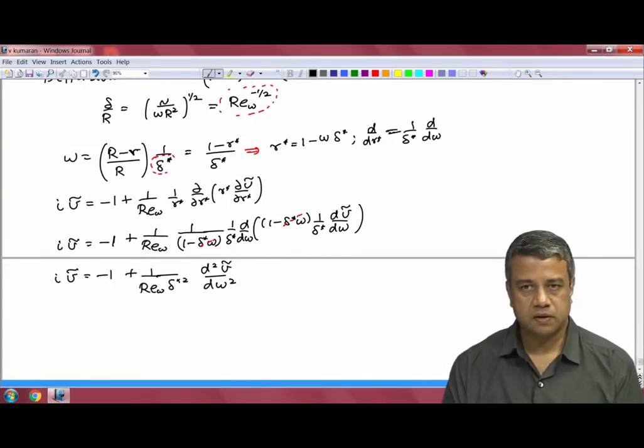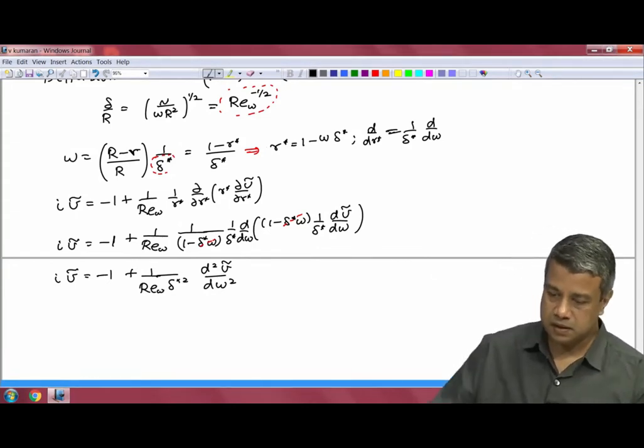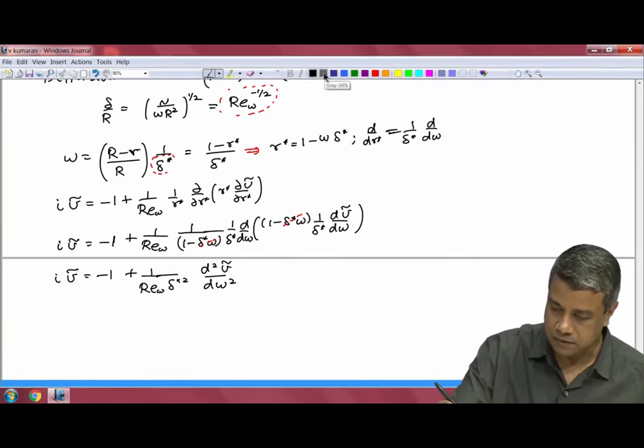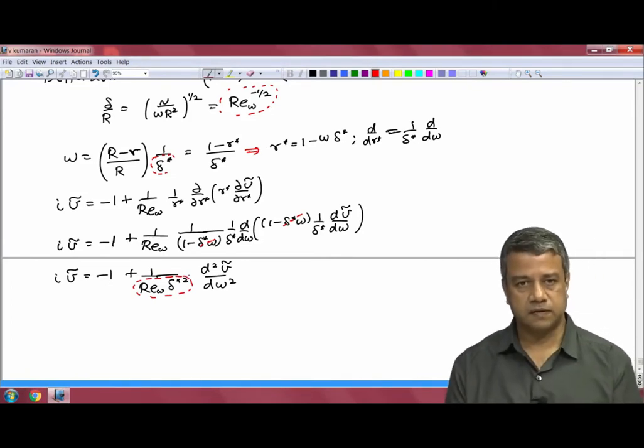and the ratio of diffusion and the acceleration term and the pressure gradient will continue to remain of order 1 in the limit of high Reynolds number if this term is of order 1 in the limit of high Reynolds number.